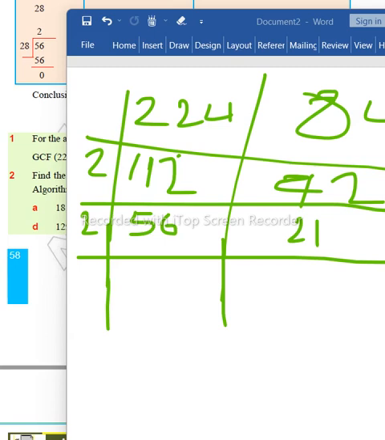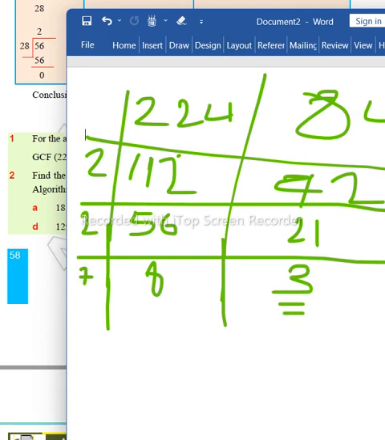But 56 is divisible by 7. When we divide it by 7, we get 8. So we divide 56 by 7, we get 8, and 21 divided by 7, we get 3. So 3 is a prime number.